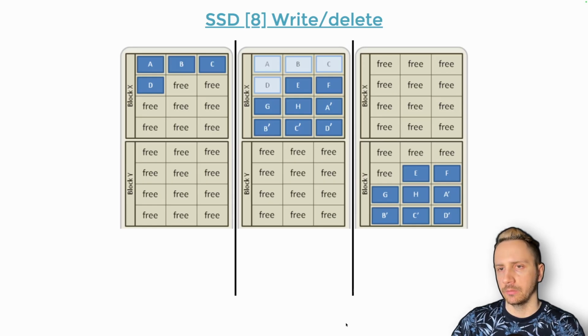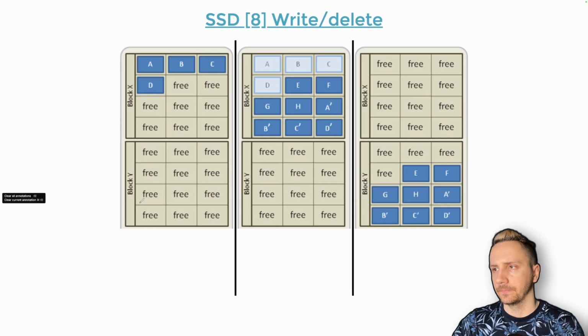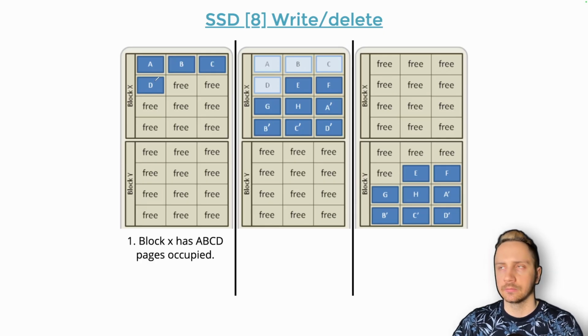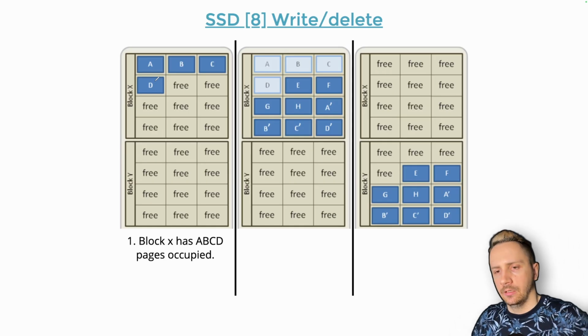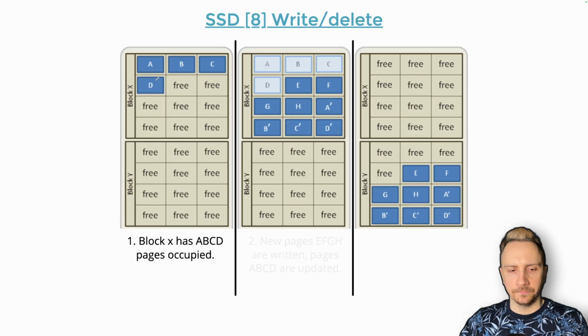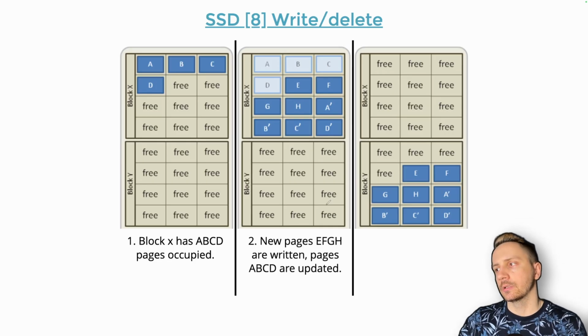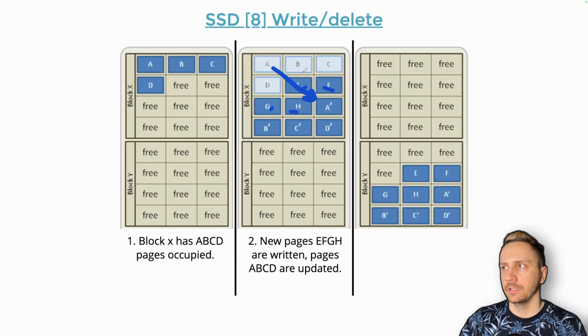Imagine we have two memory blocks, X and Y. Y is empty and X has data, like pages A, B, C. They are filled with something and everything else is free. Now imagine I want to write new pages, E, F, G, H. They get written, and I also want to update A, B, C, D. I cannot update them in place, so I have to copy A into a new page, already updated.